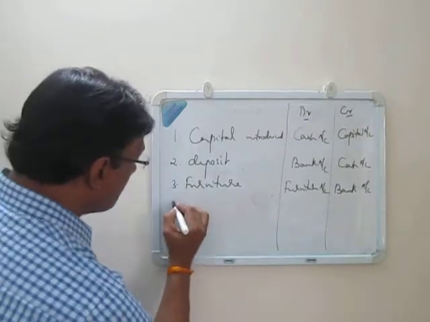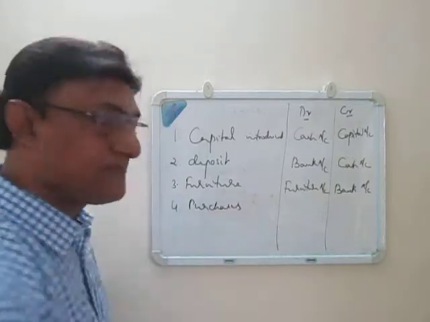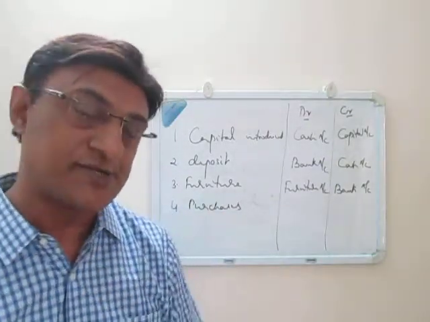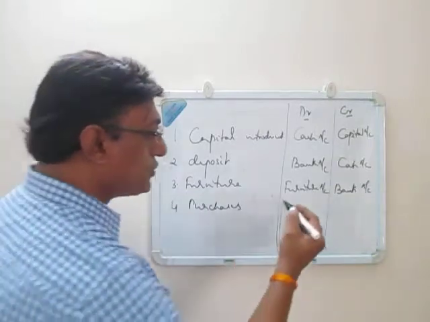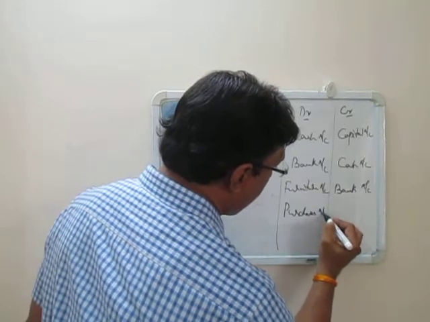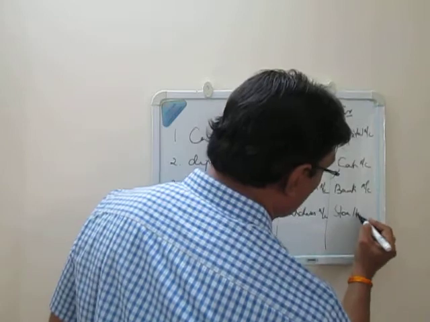The next was a credit purchase, goods purchased from Stocks Limited, worth 60,000. The debit had gone to purchases account and the credit had gone to Stocks Limited account.